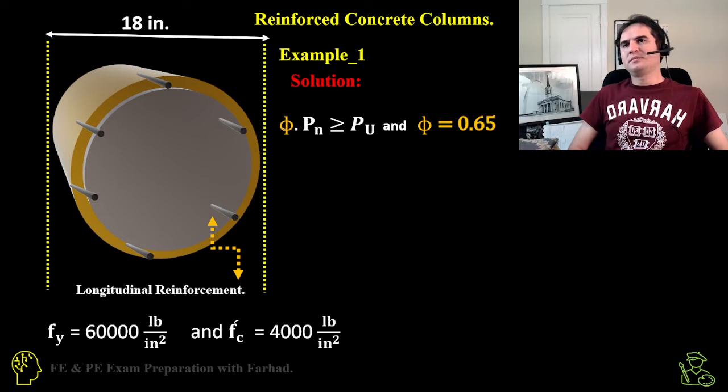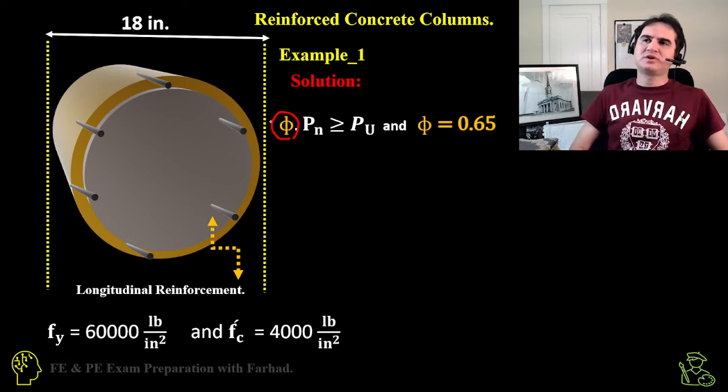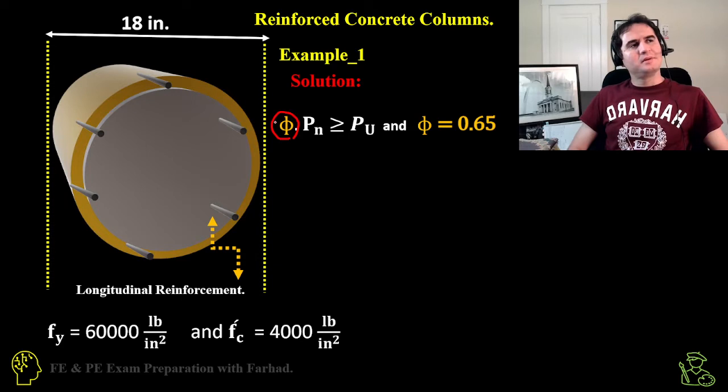To solve the problem, first of all, there is a resistance reduction factor for members with ties.